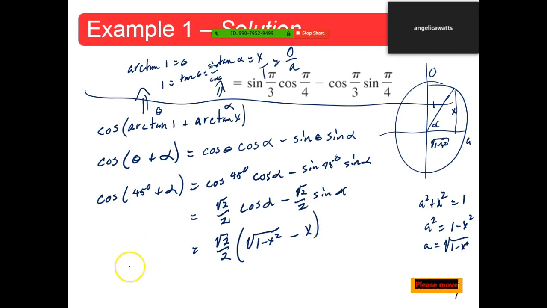There we've written this thing here as a function of x. Root 2 over 2 times the square root of 1 minus x squared minus x. And why in the world did they, yuck?